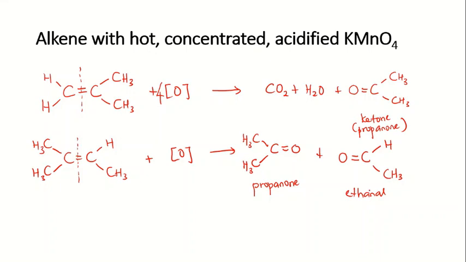Now, this ethanal will not stay as the final product because an aldehyde can be easily oxidized by acidified KMnO4, because KMnO4 is a very strong oxidizing agent. So this ethanal will be further oxidized to a carboxylic acid. So we have to change this H to OH. CH3 will remain the same. So this is an ethanoic acid.